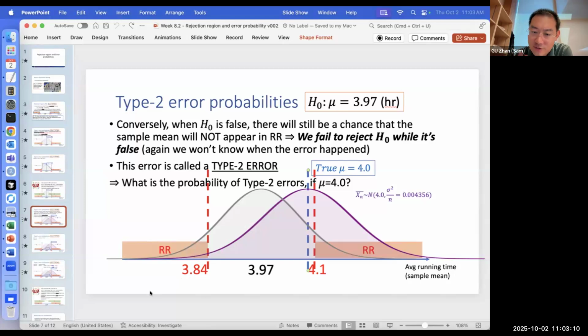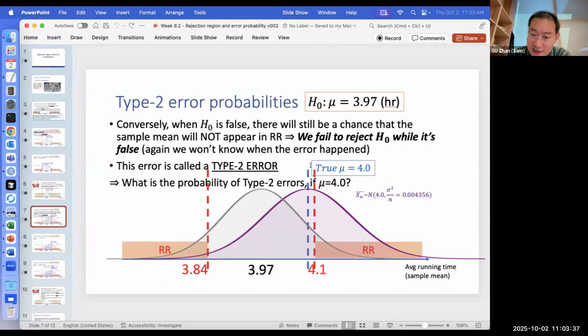So the purple curve is basically the gray curve shifted to have its mean at 4.0. They have the same variance because we have the same population, so the standard deviation, the standard error should all be the same. So this purple curve is just a shifted gray curve, okay?